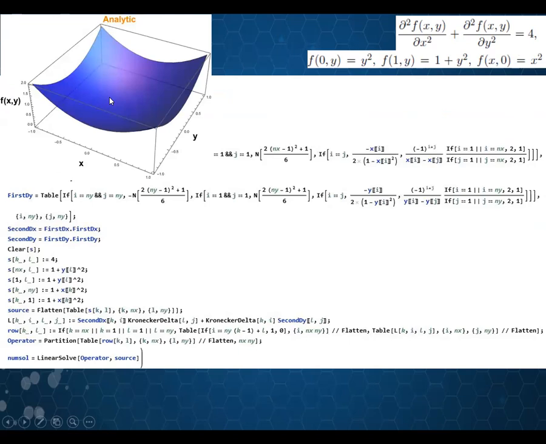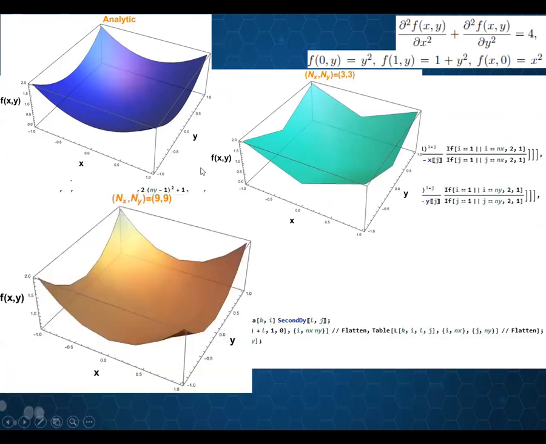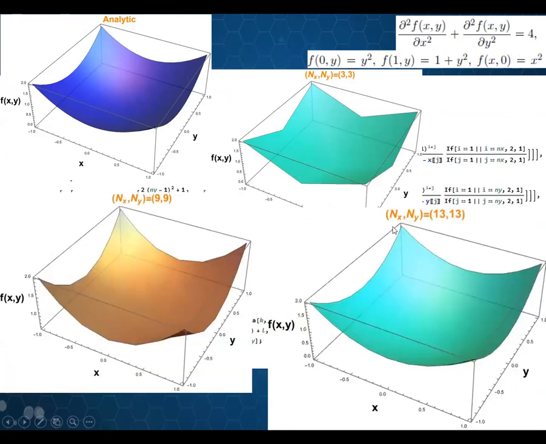This is the analytical solution of this equation, and this is the spectral solution with Nx and Ny equal to 3 grid points, this is for 9, and this is for 13. As you see, by increasing the number of grid points, the spectral solution tends to the analytical one, and the numbers Nx and Ny could be unequal.